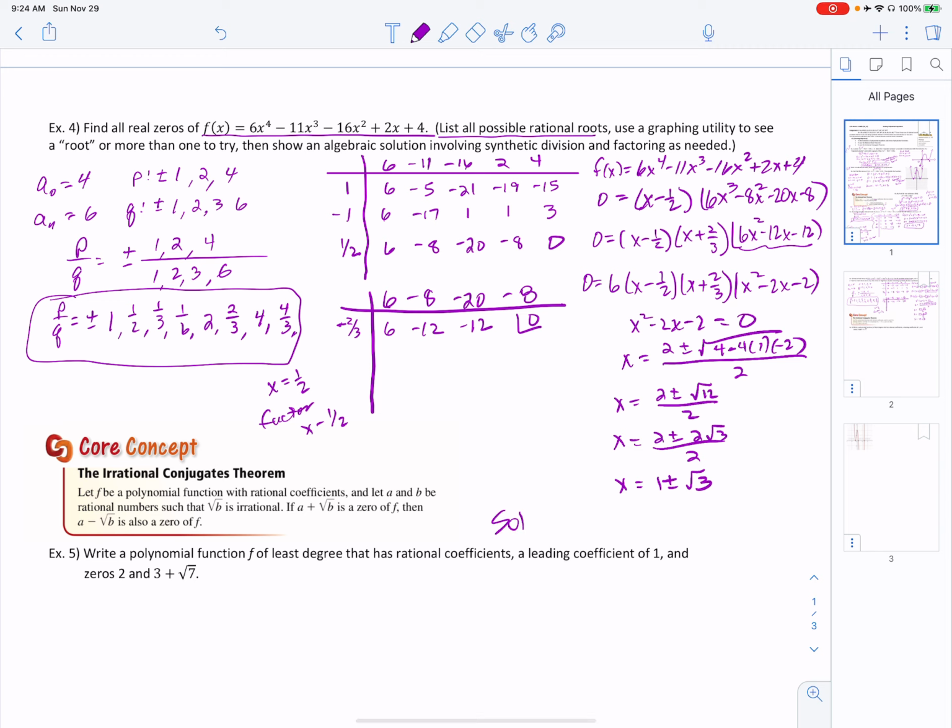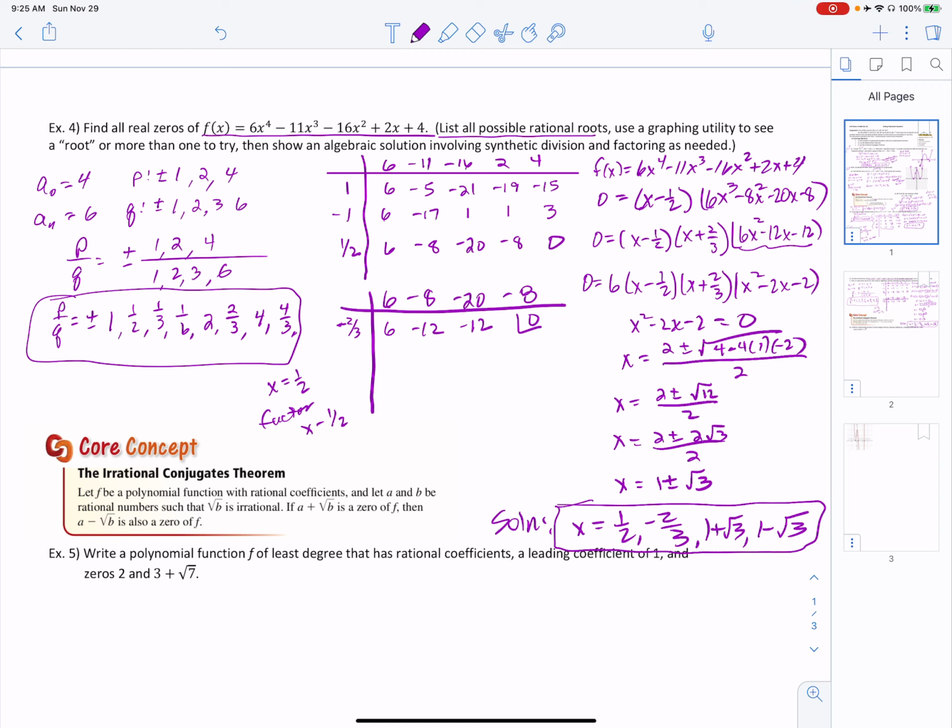So my solution set to this is x is 1/2, negative 2/3, and 1 plus root 3, and 1 minus root 3, which you can write together as 1 plus or minus. And if I take those values of 1 plus root 3, I'm going to be at 1.732, and 1 minus root 3 at negative 0.732. Those are those two irrational zeros of this polynomial.